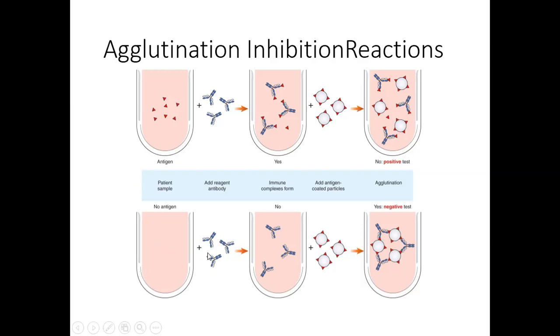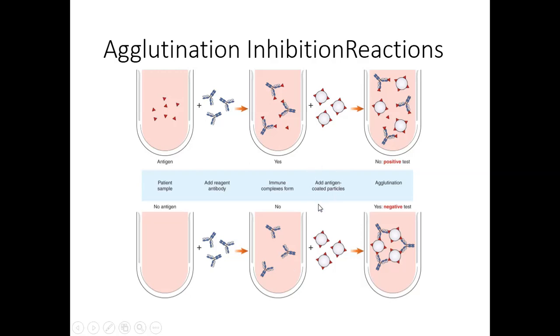The patient doesn't. So what happens? We have the patient's serum or urine, whatever, and add antibody. Is there any sensitization here? No, there's not, because the patient didn't have any of the antigen. So all those FAB sites are still open and available.